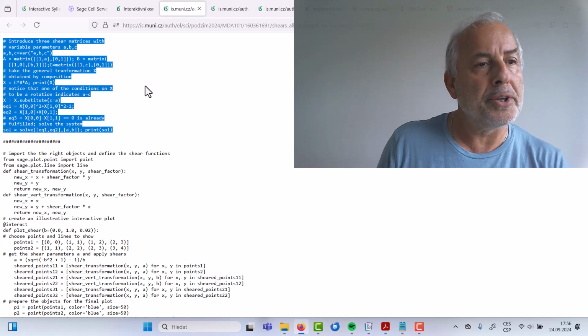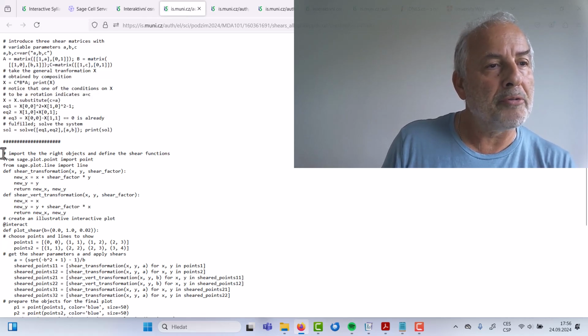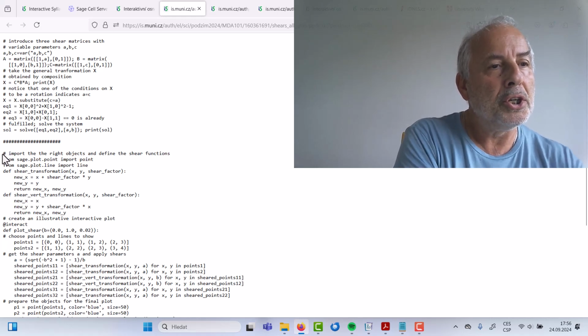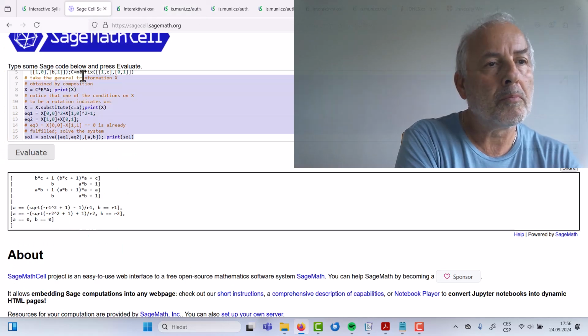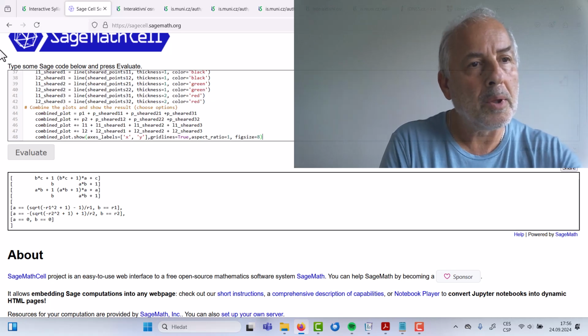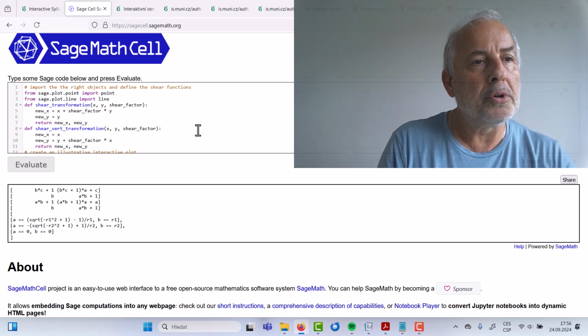Right, and then what I prepared also is, here, yes, a graphical illustration of how this really works, how to imagine the shears. Now again, let's have a look a little bit at what the code is doing.